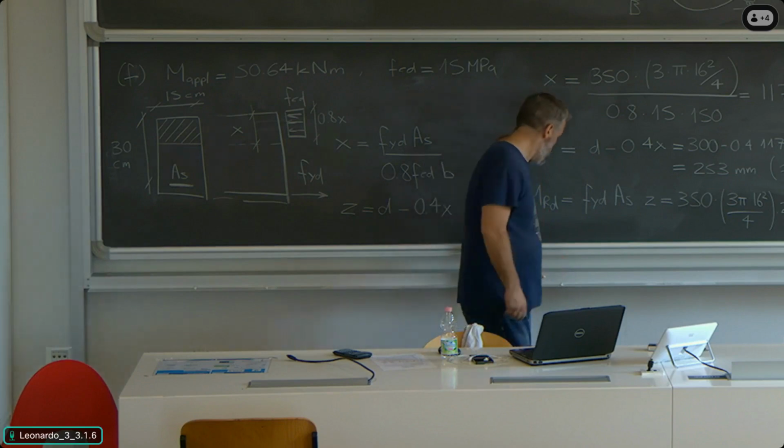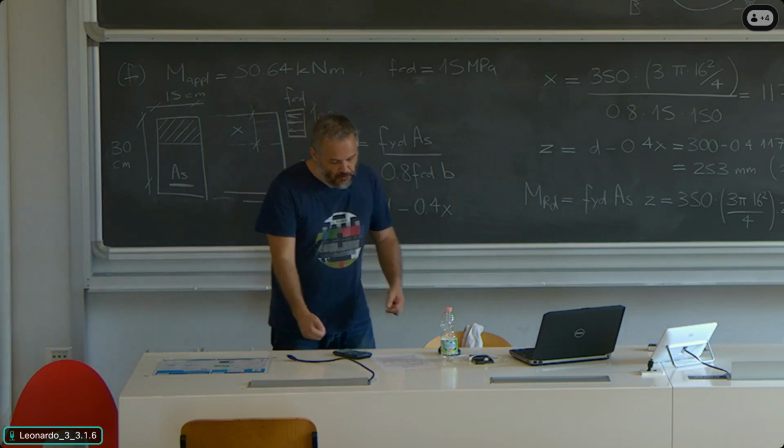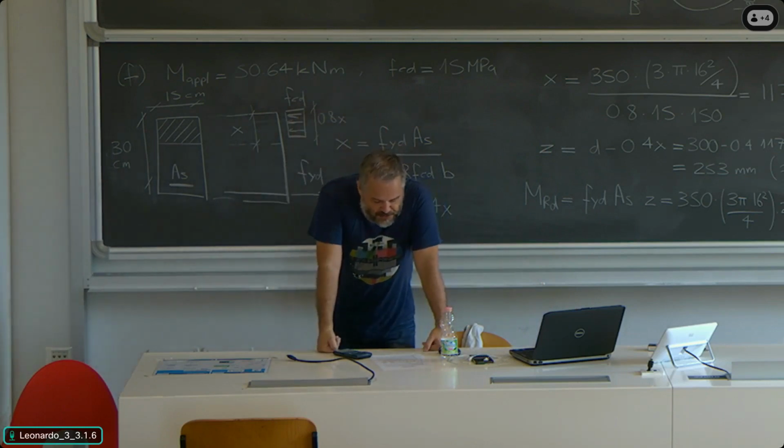No. Last but not least, we have to do point G, which reads, design the spacing of the stirrups required at the right of support B, assuming the stirrups consist of two-legged vertical 8 mm diameter rebars. Lots of things.